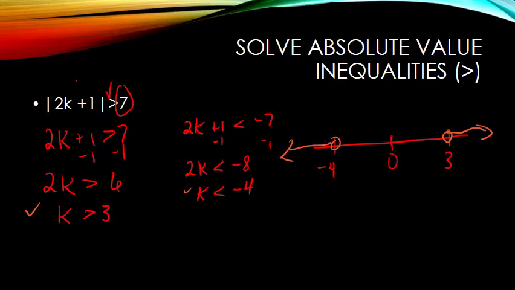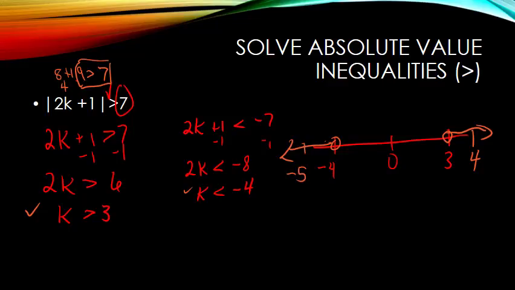Now, if we wanted to check to see if our solution is correct, let's choose a point on this interval right here. Let's say we choose positive 4, and let's plug in 4 for k right here. Well, 2 times 4 is 8, and 8 plus 1 is 9. And so 9 is in fact greater than 7. That's a true statement. Absolute value of 9 is greater than 7. And let's pick a point right here. Let's say negative 5.